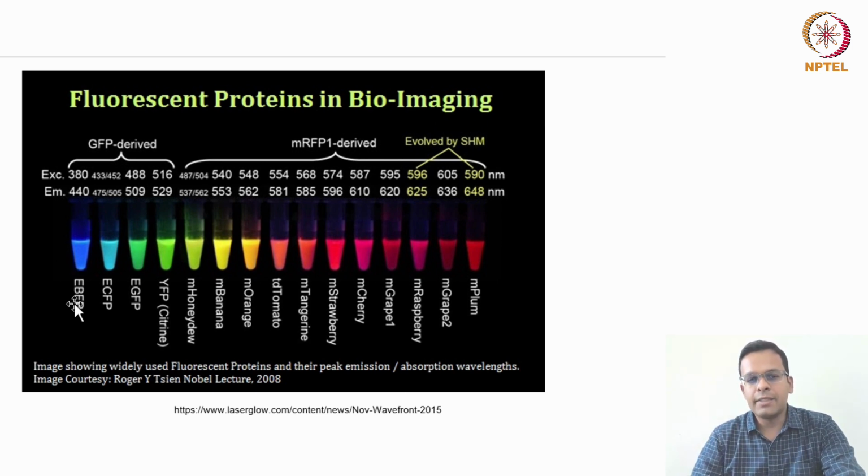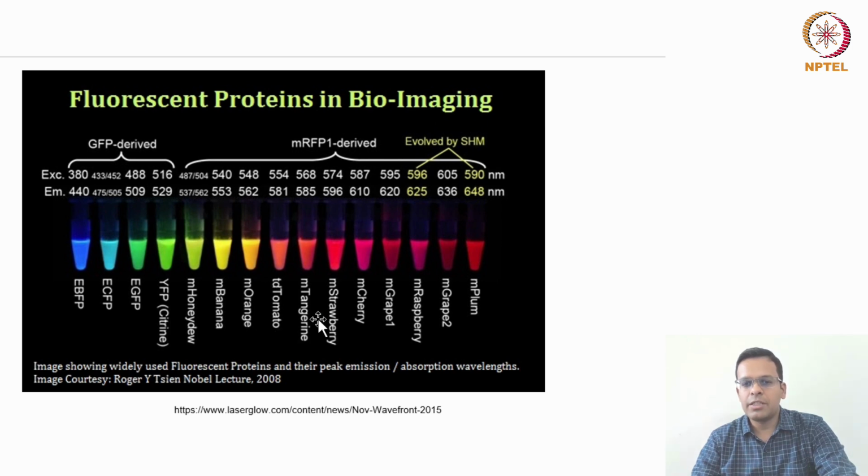This is enhanced blue fluorescent protein, enhanced cyan fluorescent protein, enhanced green fluorescent protein. Then this is YFP, yellow fluorescent protein. This is mHoneydew, mBanana, mOrange, tdTomato, mTangerine, mStrawberry, mCherry, mGrape1, mRaspberry, mGrape2, mPlum. Based on the colors of the fruits, they are named differently.